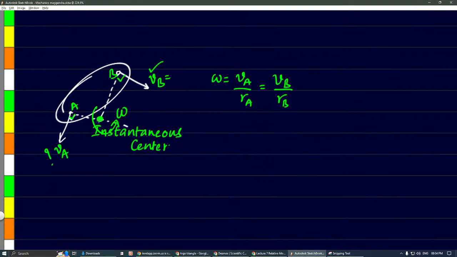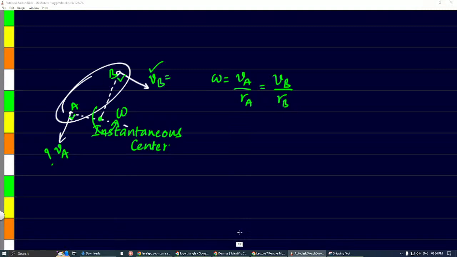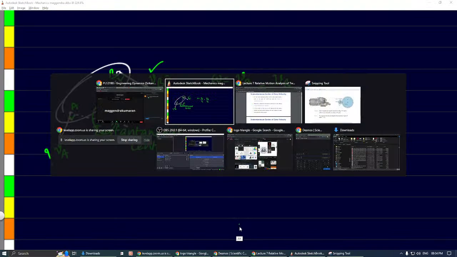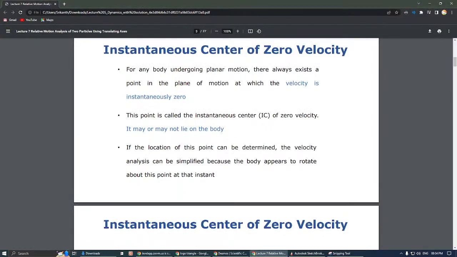So the velocity of this point will be zero. Any point will have some velocity at least, but the velocity at this point will be zero. That's why he is calling it the instantaneous center of zero velocity.